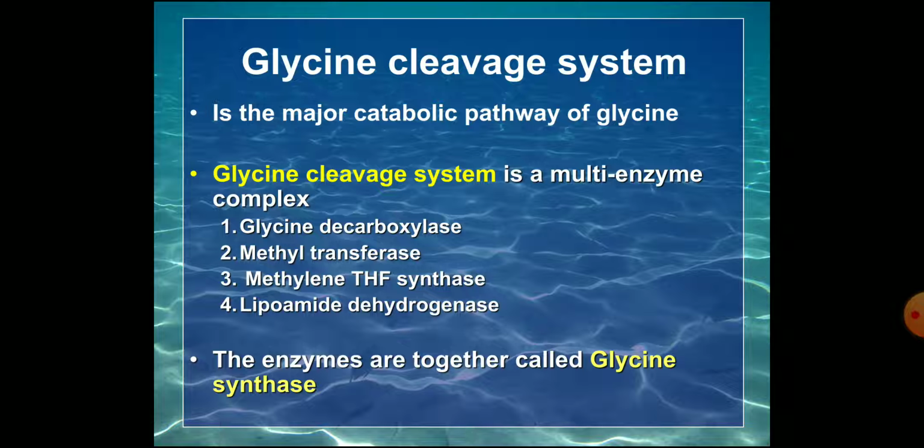So remember, the major catabolic pathway of glycine, or the degradation of glycine, is through the glycine cleavage system, that is a multi-enzyme complex containing glycine decarboxylase, methyl transferase, methylene tetrahydrofolate synthase and lipoamide dehydrogenase, and this is the reversal of glycine synthase, where ammonia and carbon dioxide are used to form glycine.